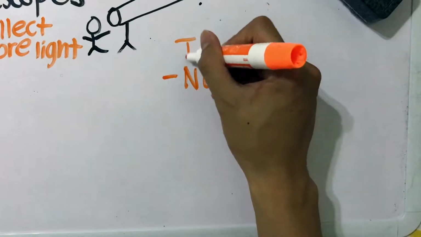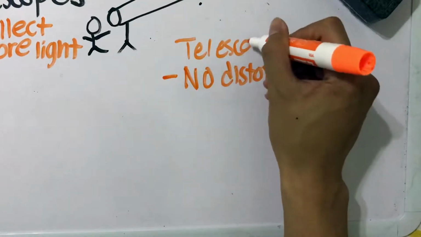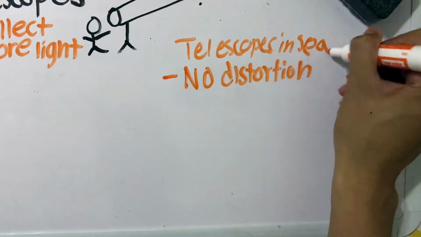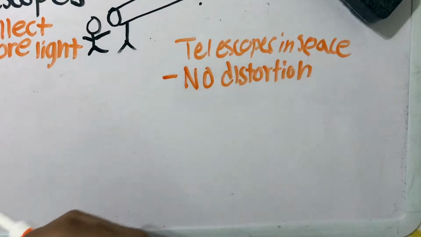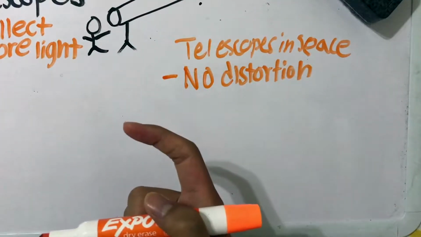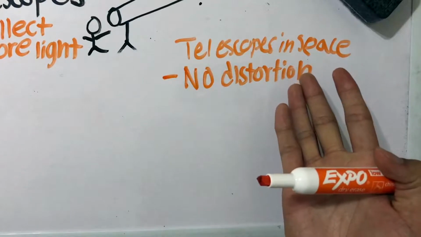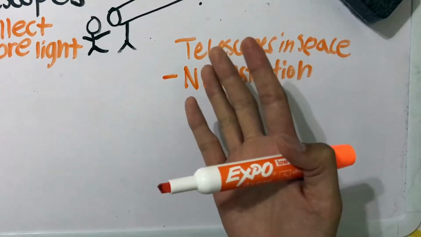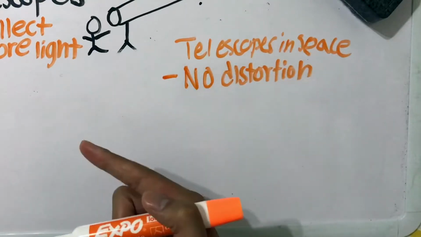And by no distortion, I mean that you can see a better and clearer resolution, clarity, because there's no blurring by the Earth's atmosphere. And as you know, all the air molecules will blur your vision.